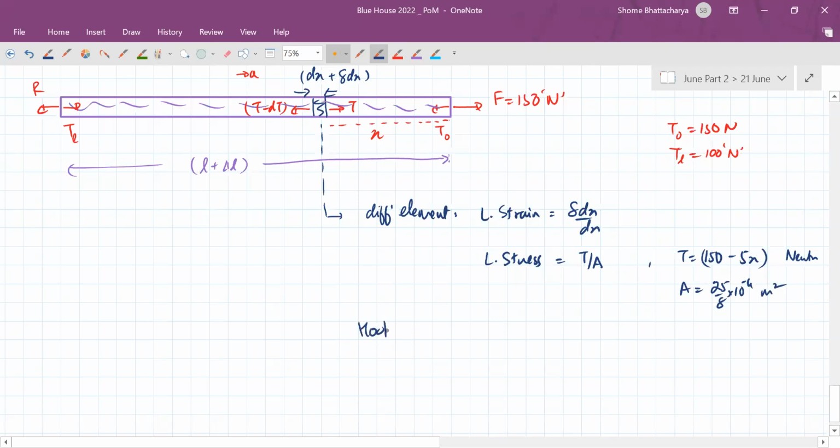Applying Hooke's law to that element, stress upon strain is equal to Young's modulus.